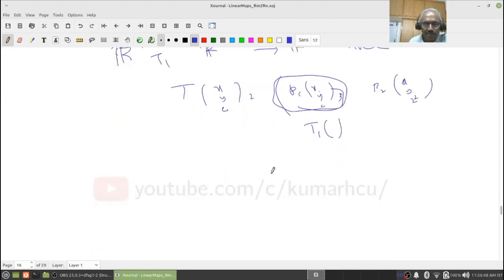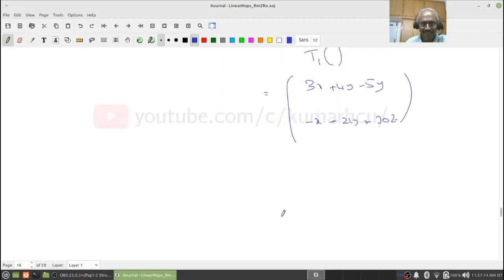Therefore, I can simply write it. There is no problem. I will write it as 3x plus 4y minus 5z, and the other is minus x plus 21y plus 30z. That's it. You don't have to verify. You know these are going to be linear maps. Are you following? Yeah. So please go through these things.